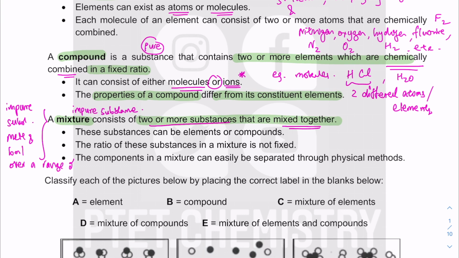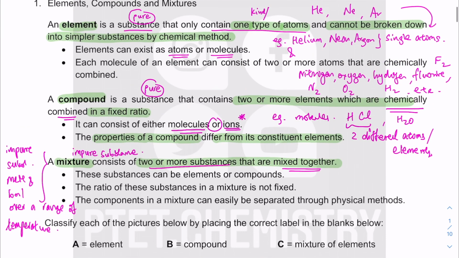We talked about this in the previous topic under states of matter, where we said that for a pure substance, whether you're solid, liquid or gas, you will have a fixed melting and boiling point. But for an impure substance like a mixture, you will have a variable melting and boiling point, meaning you do not have a fixed melting and boiling point, meaning you melt and boil over a range of temperature.